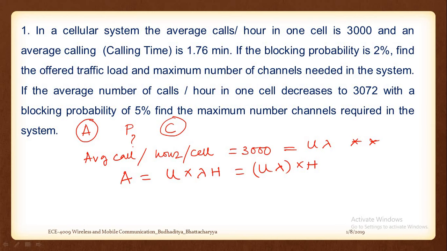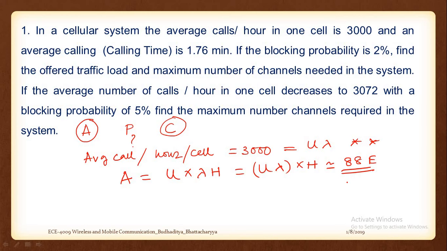Everyone is with 88, 88, 86, 88. Okay, let me consider that as 88. So this calculation gives us a value of 88 Erlang. This is my average offered traffic load per cell with respect to the given specification.